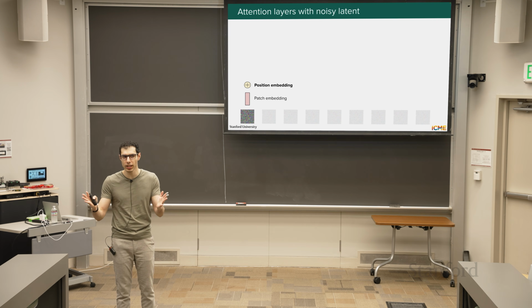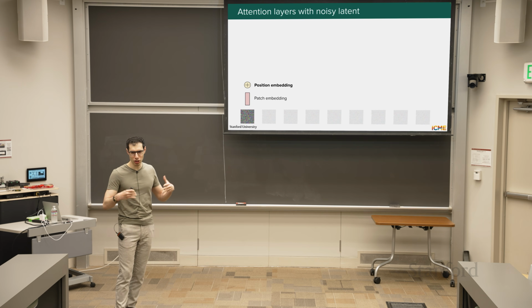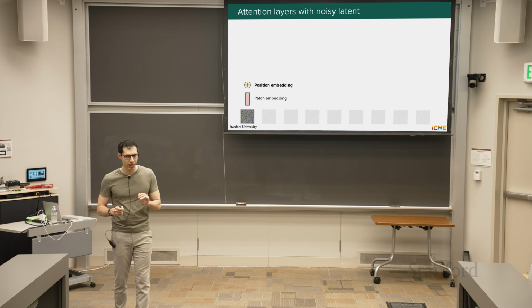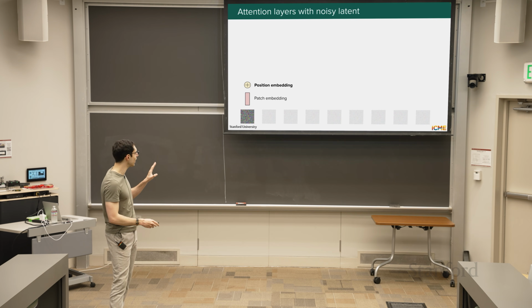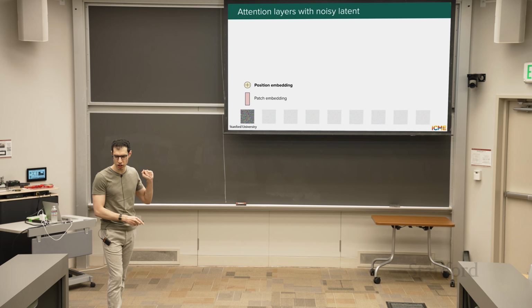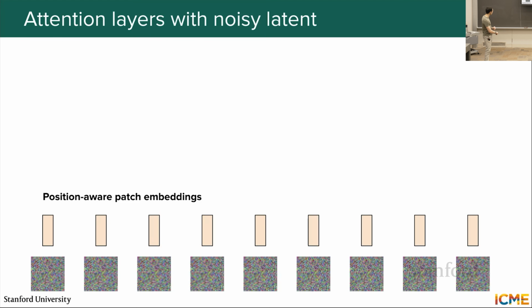You need to have a way to do that. And here, a very naive approach is to just add some embedding that represent the position. This is not the norm nowadays. Shervine will go deeper in there. But let's assume here that we add a position embedding to the patch embedding. And here we obtain a position-aware patch embedding.